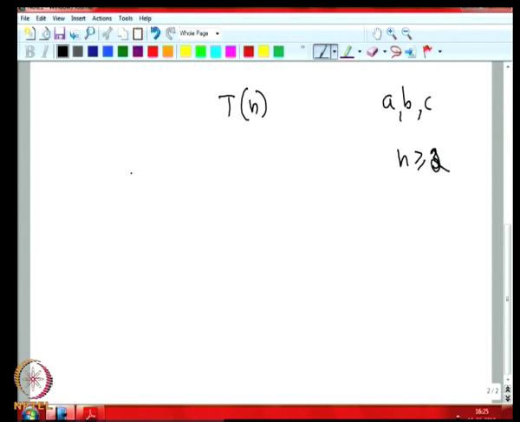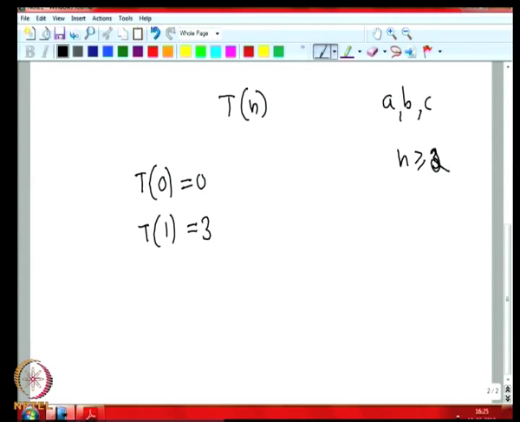T of 0, the number of 0 length words, is equal to 0. T of 1, the one length words, is just 3. This much is correct.